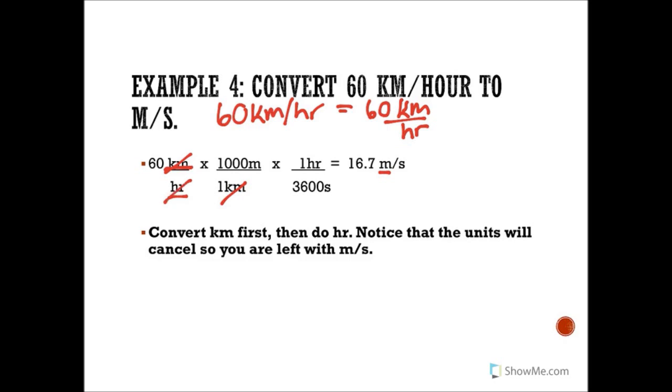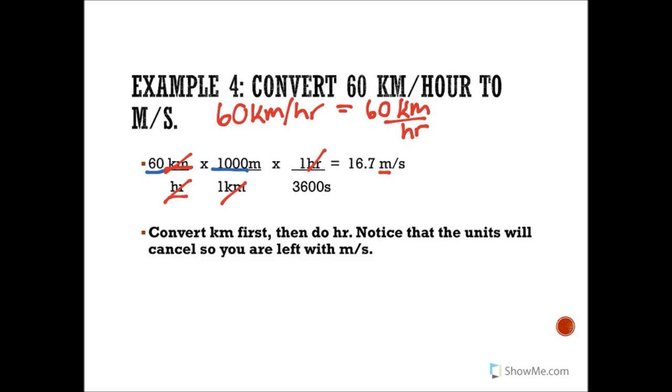So hours on the bottom, we write hours on the top, and we know 1 hour is equal to 3,600 seconds. We write that on the bottom, which means seconds remains on the bottom, which is what we want, meters divided by seconds. And in this question, we have to go 60 multiplied by 1,000 divided by 3,600. Sometimes it's easiest to go 60 times 1,000 times 1, write that number on the top.